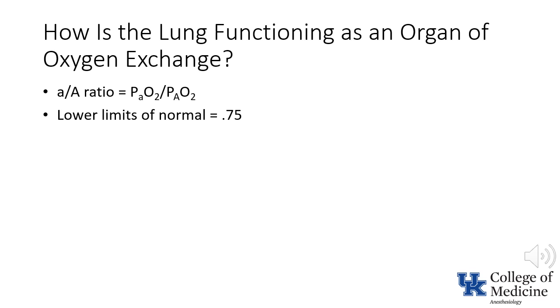If you use the rule of thumb that a normal, age-based arterial PO2 is 105 minus the age divided by 3, even a 90-year-old should have an arterial PO2 of 76, which corresponds to a saturation of approximately 95%. For the purposes of the following calculations, I am going to use an AA ratio of 0.75.